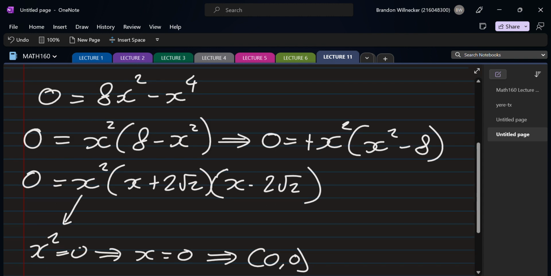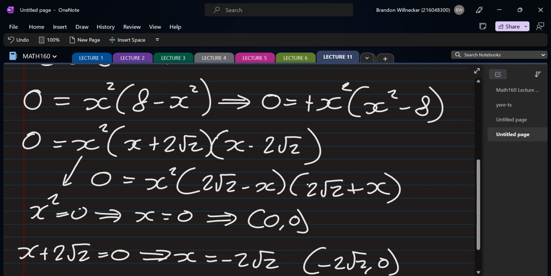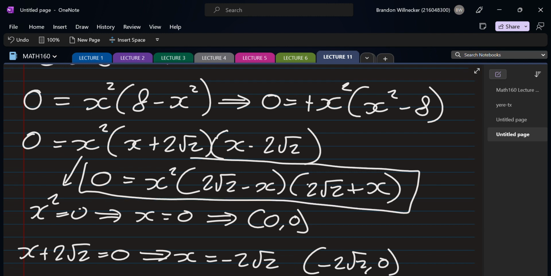If the left-hand side is 0, we can just swap them because the minus sign cancels with the 0. But if you do want to write it the other way, we could write it as 0 equals x squared, 2 root 2 minus x, 2 root 2 plus x. Sorry, plus x. You would get the same answer. So you can rearrange it if you want. You'll get the same answer either way. This is without taking out the minus sign.